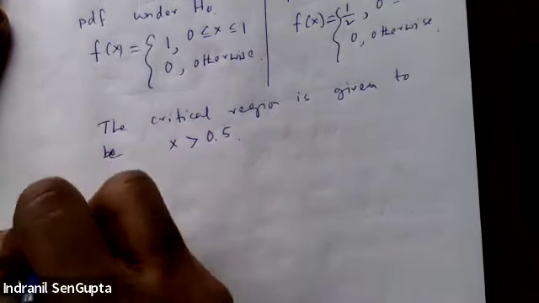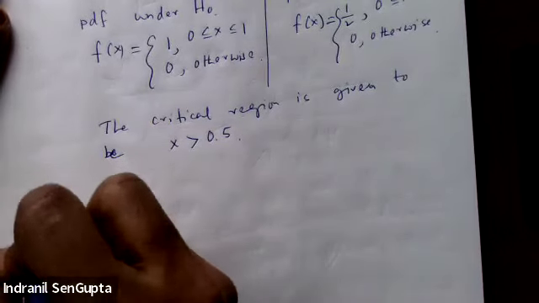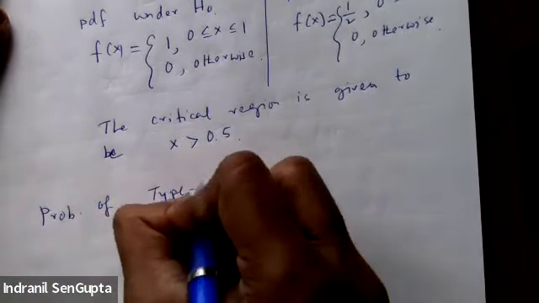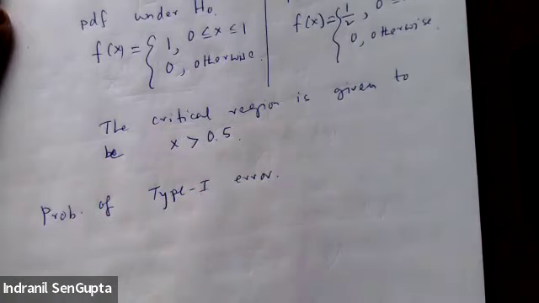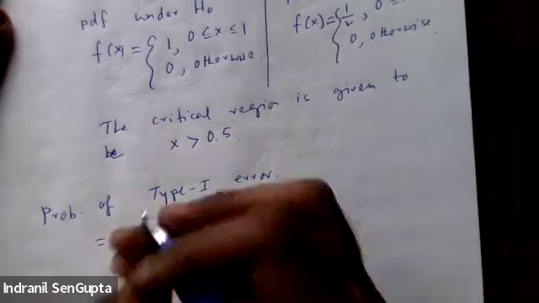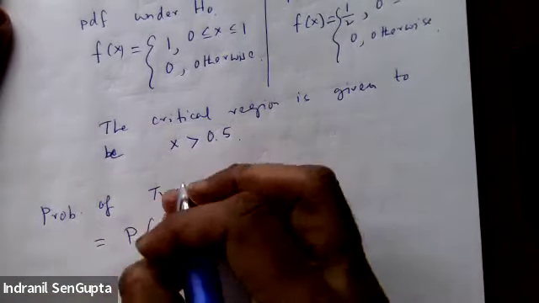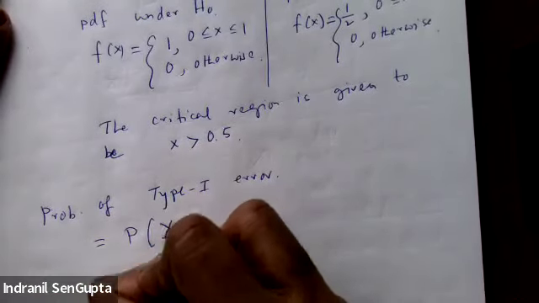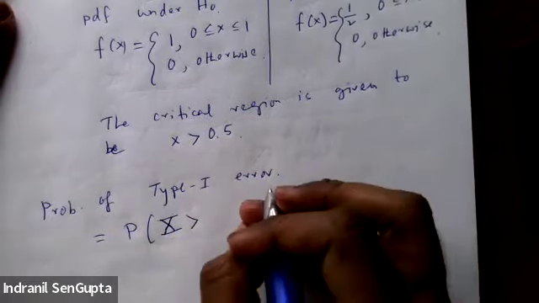So the probability of type 1 error is basically the probability that the random variable x is in the critical region.